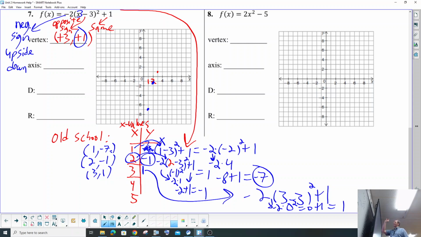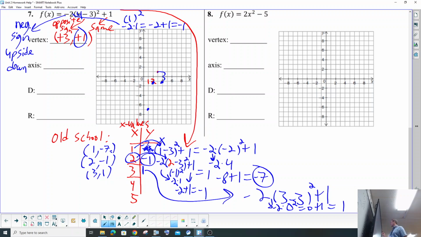And look at that. What did the -2 make it do? The -2 made it go left 1, down 2. That means this one's going to be right 1, down 2. We should also get a -1. And if you plug a 4 in there, it works, because 4 minus 3 is 1, and 1 squared is 1, times the -2 is -2, plus 1 is -1.